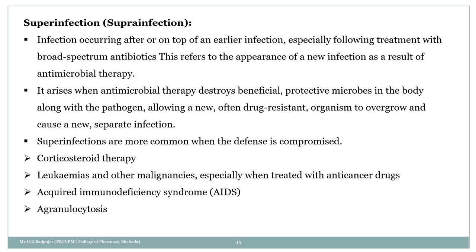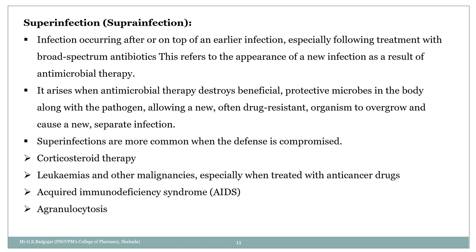Superinfection or suprainfection. The infection occurring after or on top of an earlier infection, especially following treatment with broad spectrum antibiotics. This refers to the appearance of a new infection as a result of antimicrobial therapy. It generally arises when antimicrobial therapy destroys the beneficial protective microbes in our body along with the pathogens, allowing a new, often drug-resistant organism to overgrow and cause a new separate infection.